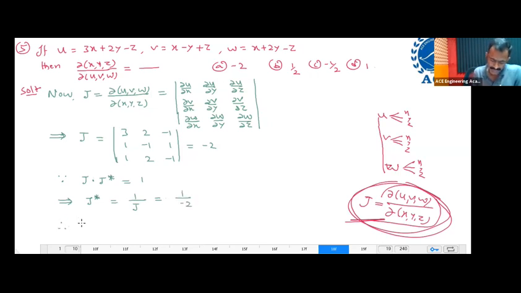Therefore, j star equal to dou of x, y, z divided by dou of u, v, w equal to -1 by 2.